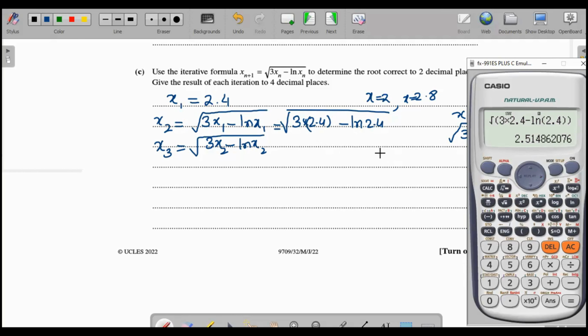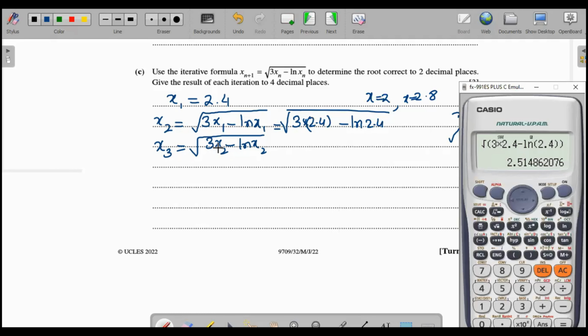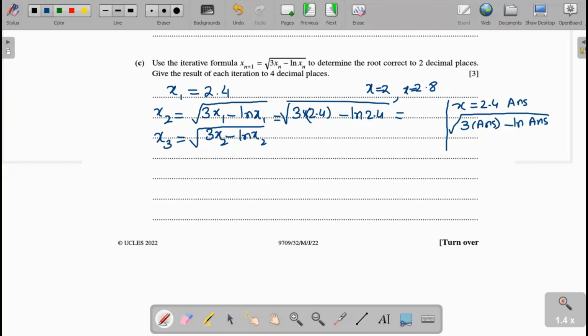And the next value, x3, using this formula in the calculator, we put 2.514 in this equation. Now we get 2.5149. We have to write the value to 4 decimal places.